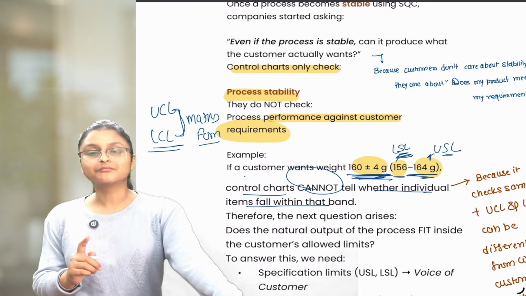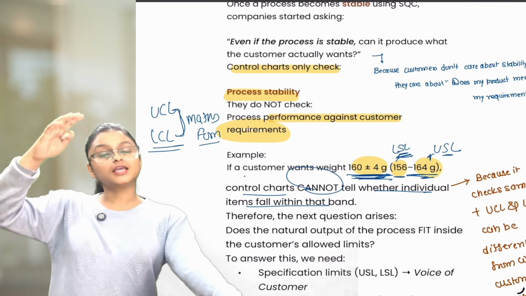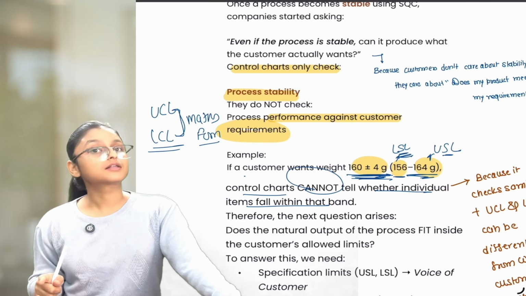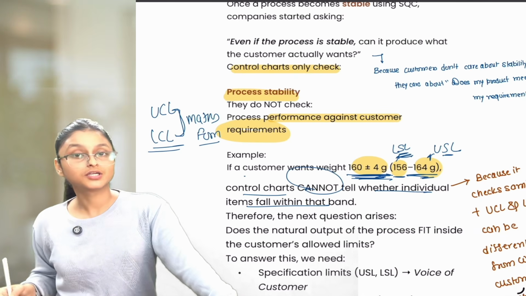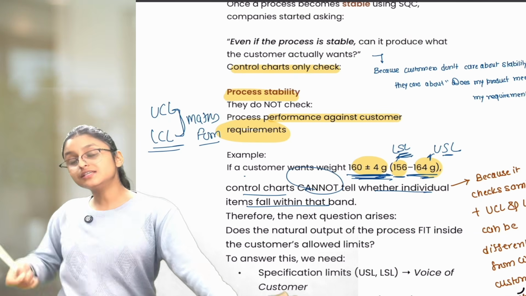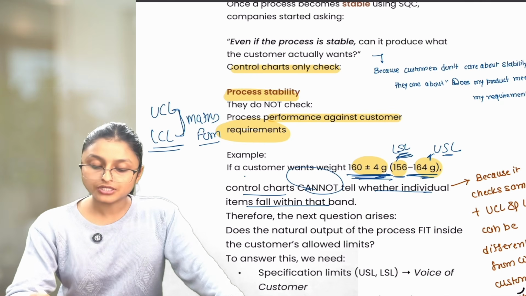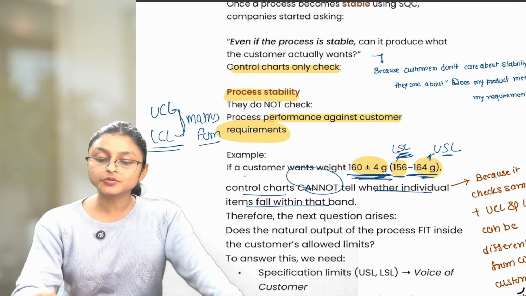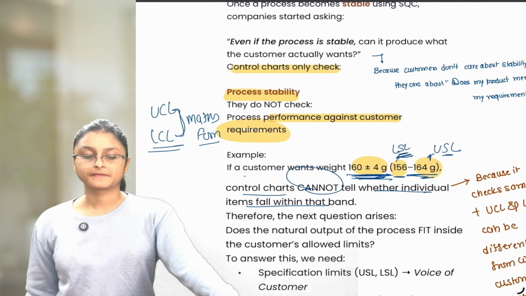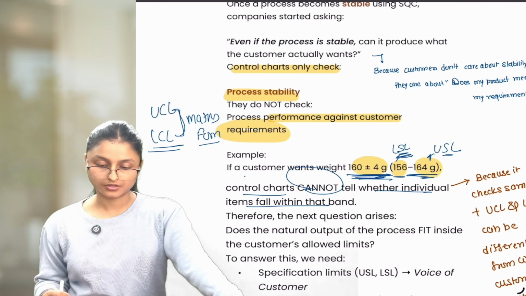But by checking samples, are you sure that every product which is made is able to come under that limit? Answer is no. And the customer doesn't care whether you have checked the samples or not. He cares that the product which he is getting should be perfect. And that is why we need to check each individual item. That individual item should be within that band. And this is not done by statistical quality control.